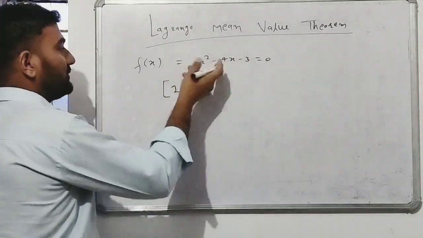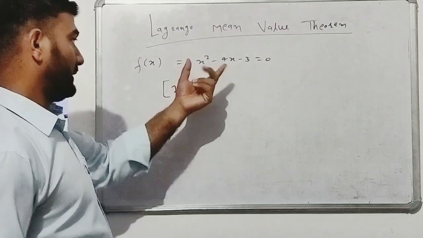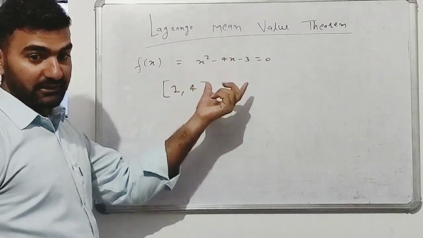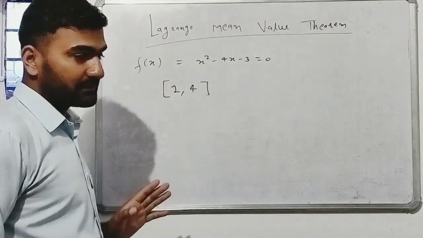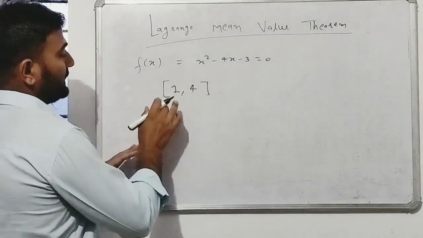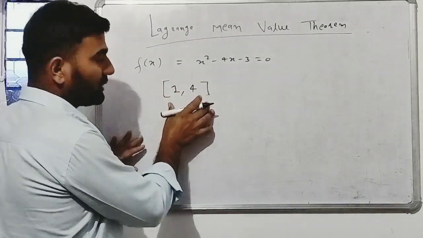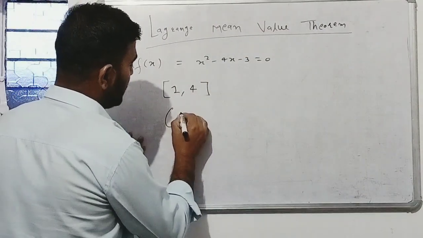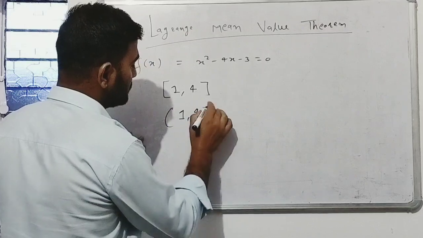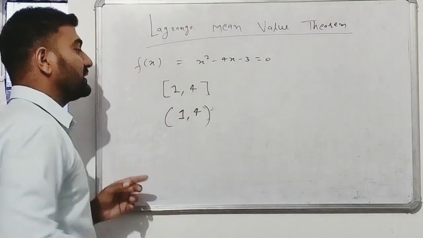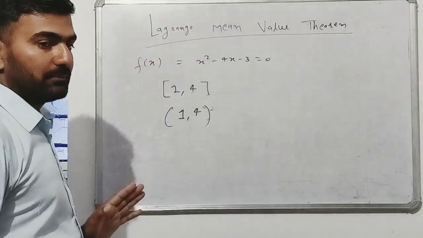As we know, the function is defined and continuous for all real numbers, and also differentiable for all real numbers. So it will also be continuous in the closed interval 1 to 4, and differentiable in the open interval 1 to 4. So it satisfies both conditions of the Lagrange mean value theorem.